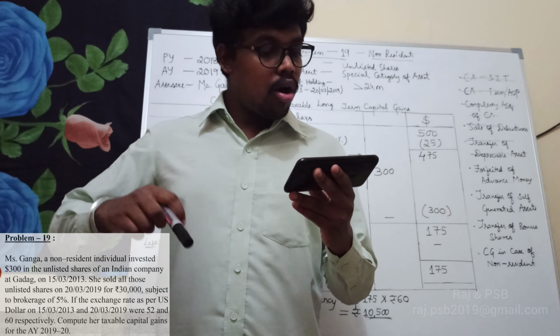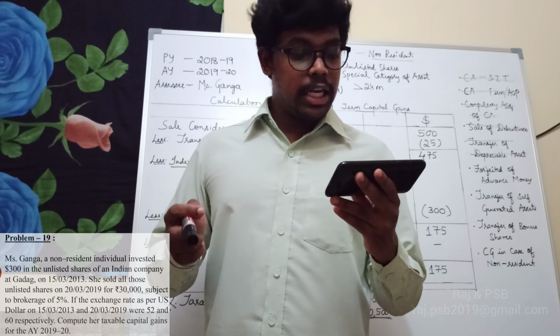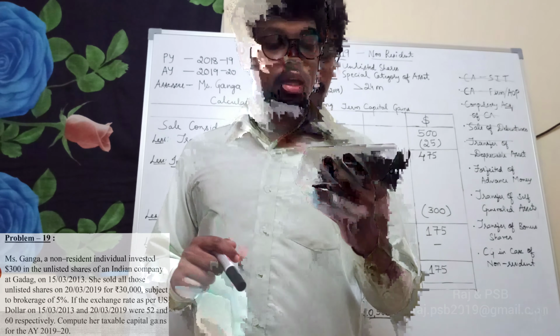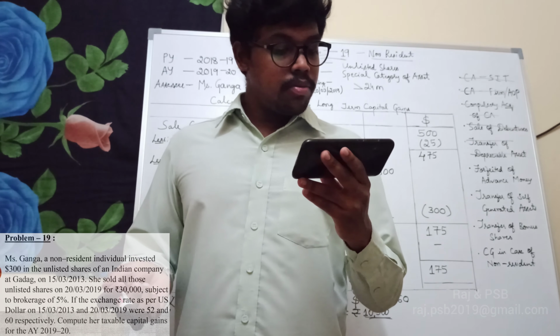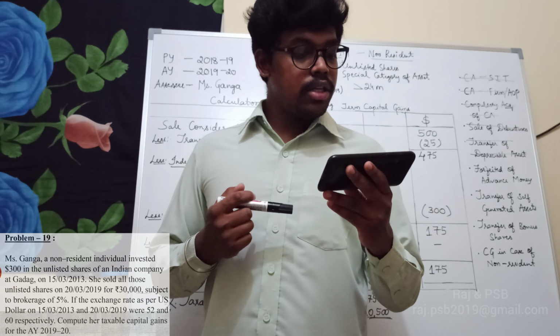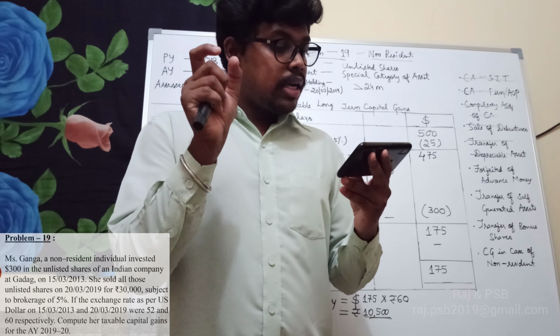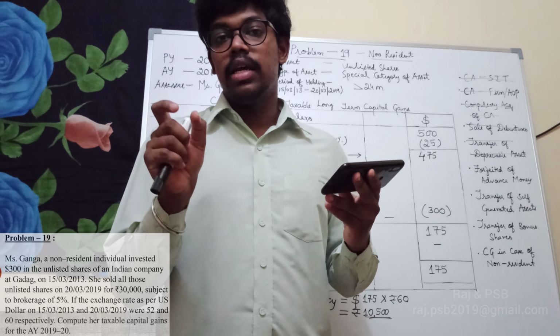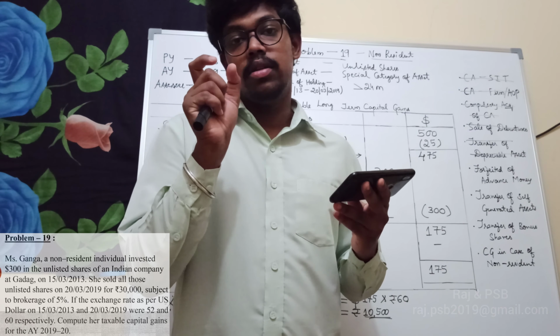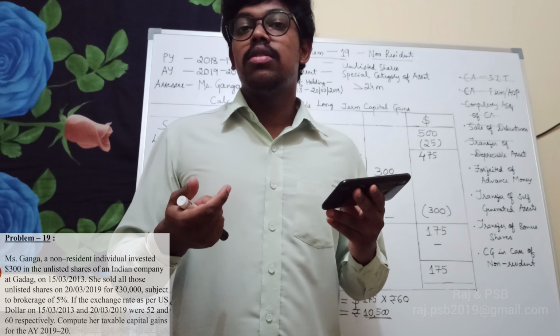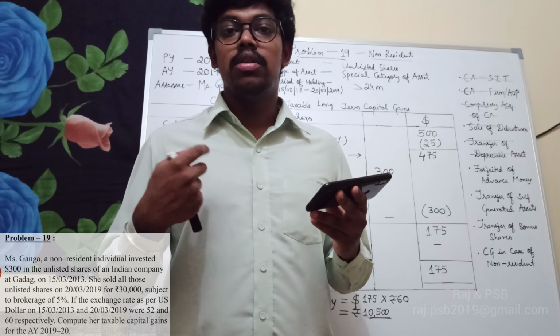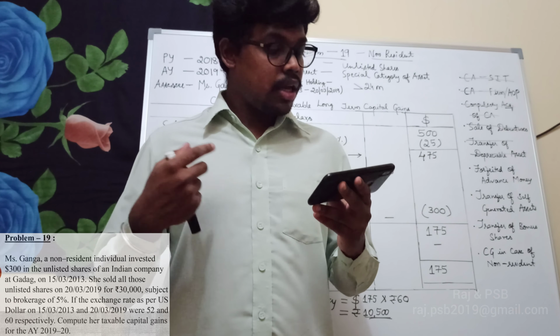Next, she sold all those on 23/2019 for 30,000 subject to brokerage of 5%. So ಇಲ್ಲಿ ನೀವು ಅಬ್ಸರ್ವ್ ಮಾಡಬೇಕು, 30,000 is the sale consideration but it is in rupees and the purchase value is in dollars. So ಇಲ್ಲಿ ನಿಮಗೆ 2 currency ಬರ್ತದೆ.